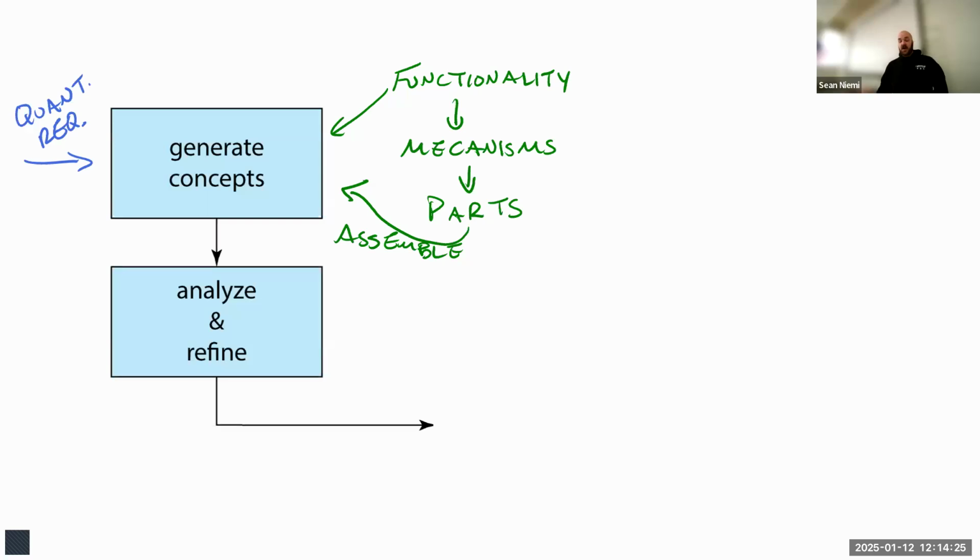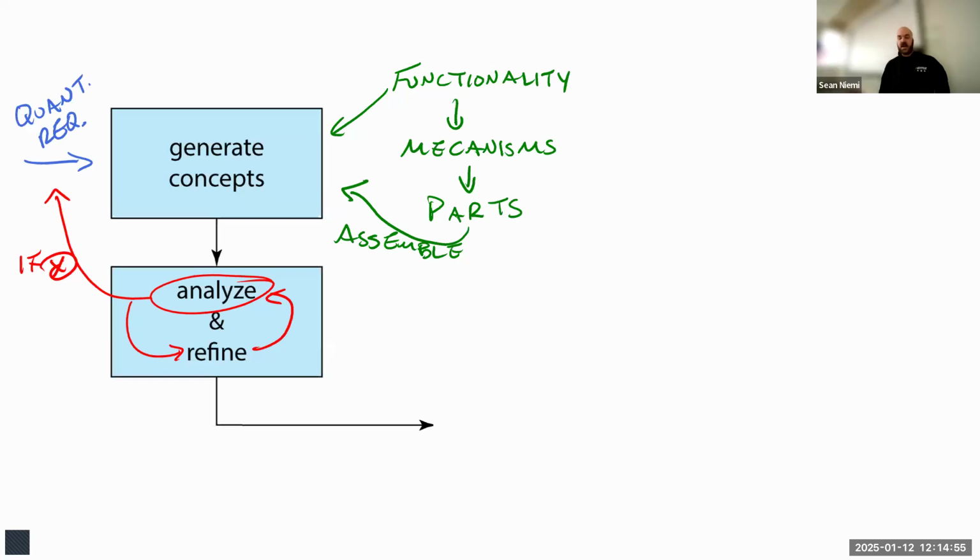And then once we have our concept, we go down and begin to analyze and refine. Our analyzing step feeds back into our quantifiable requirements. I've got to do some math now to make sure that this concept is going to meet my requirements. If it doesn't meet my requirements, if it's got an X there, then we refine, and then we analyze again.